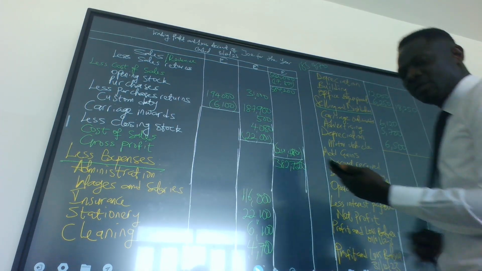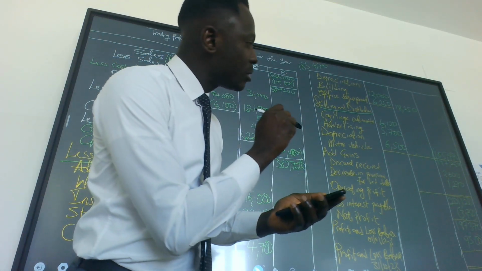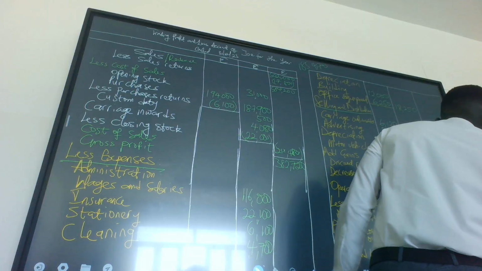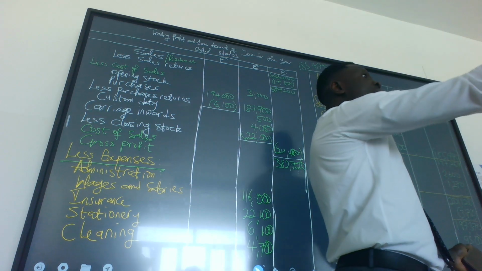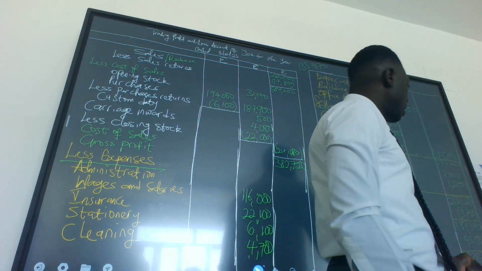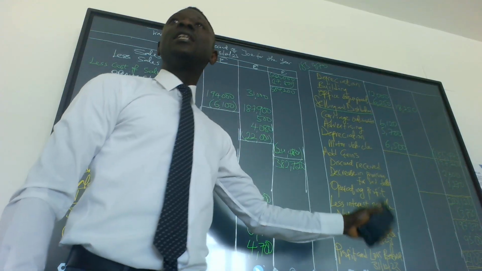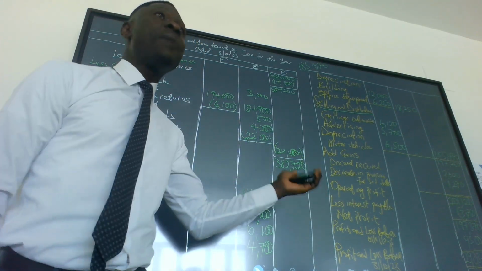That's our profit and loss. 93,000 plus 197,370 is 290,370. Thank you. So that's our profit for the year 31/12/2023. Do we get that? Yes, sir. Please write. Then we have the balance sheet after this.